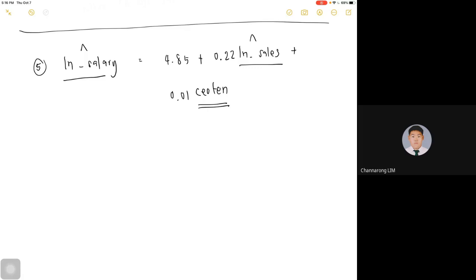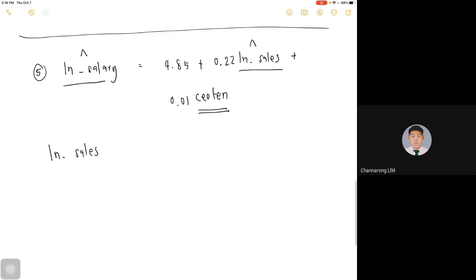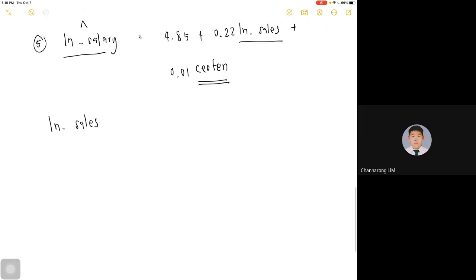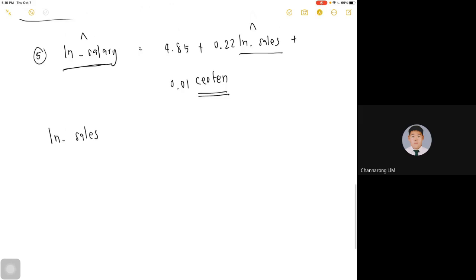Okay, and how to interpret it for log sales? Now you can see that your dependent variable is in log form and your independent variable is also in log form. It means that you can interpret it as elasticity, right?